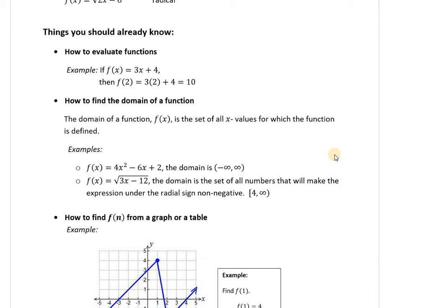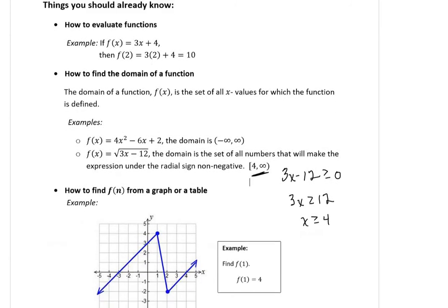So the domain of this function we can find by saying that this 3x minus 12 that's under this radical sign has to be greater than or equal to 0. So I can solve this inequality and say x is greater than or equal to 4. That's where this comes in right here. That's my interval notation for my domain.